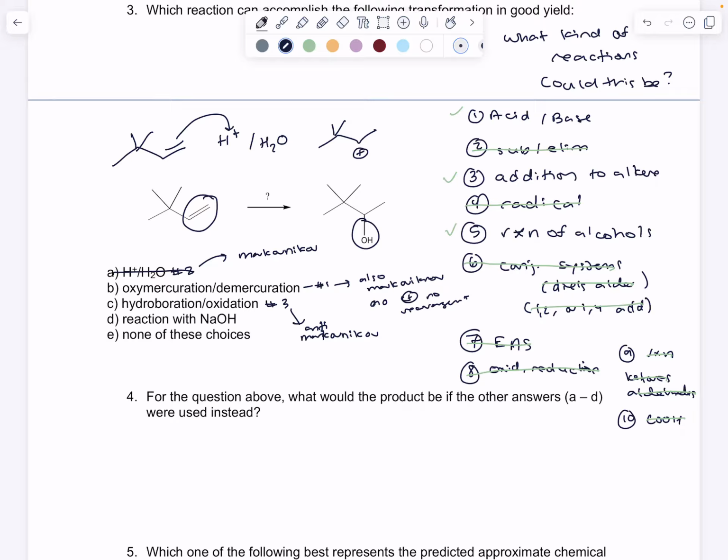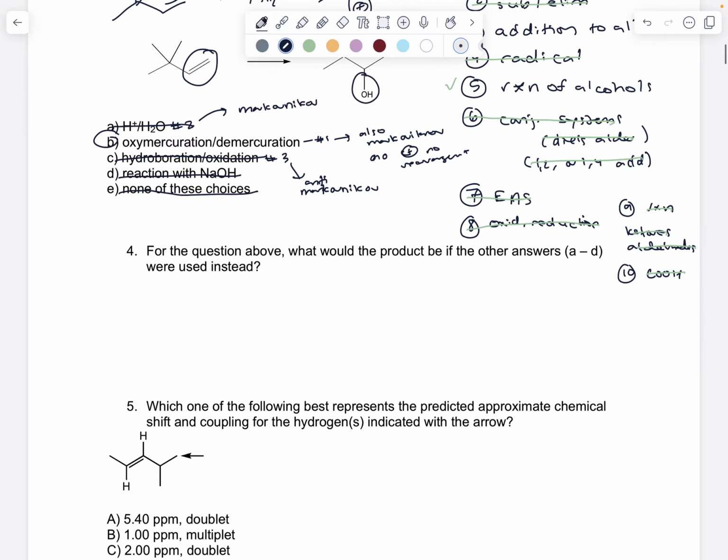But the carbocation is on that same position where the alcohol would be. It didn't move. So that means that the Markovnikov position is where the alcohol adds. Anti-Markovnikov would be over here. So I'm looking for the one that does Markovnikov addition without rearrangement. So that must be this one. This reaction with NaOH, that's nothing. I don't think we've done anything where a base reacts with an alkene. So it's just there to kind of trick you. And so that's how I get to answer choice B.